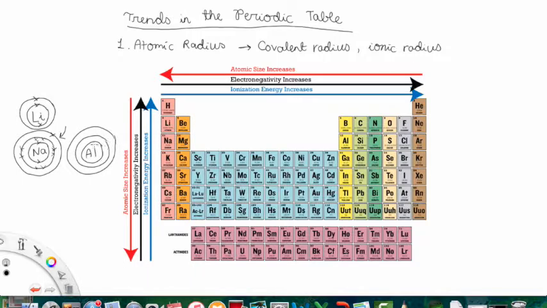Let's just pretend I already drew the 10 inner core electrons, and then it has 3 in the outermost shell. Now since there's 2 extra electrons in the same shell, there's increasing nuclear charge, the protons in the center of the atom, that draws in the outer shell because the positive nucleus draws in the negative electrons, and thus the size starts to decrease.